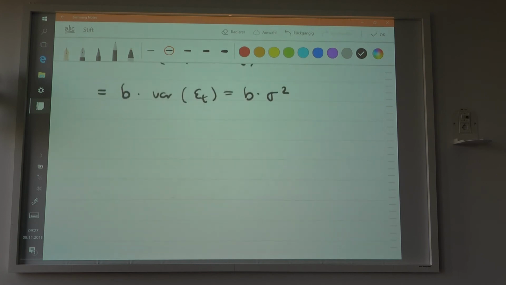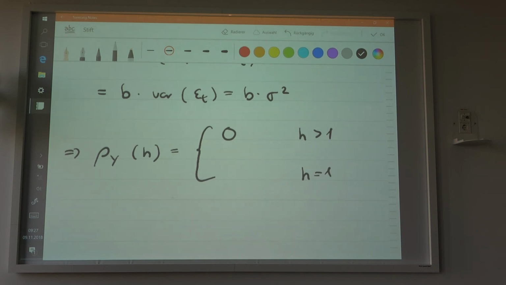Obviously, then, the autocorrelation of the process. This is stationary, so the autocorrelation only depends on the time lag, and here we have two cases. If the time lag is greater than 1, then of course the autocorrelation is going to be 0. And if the time lag is equal to 1, then the autocorrelation is going to be equal to the autocovariance of the process divided by the variance of the process.